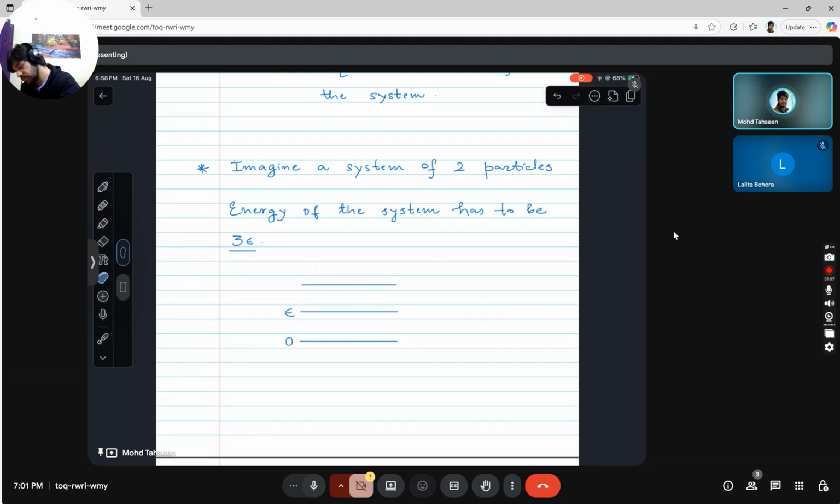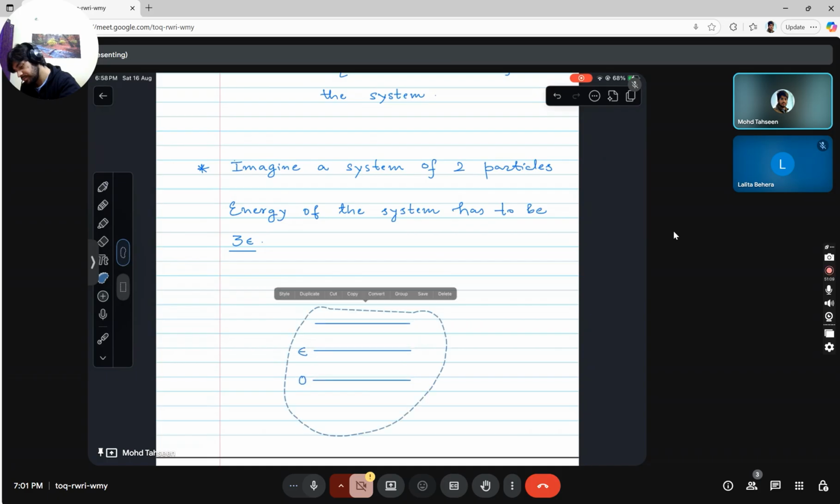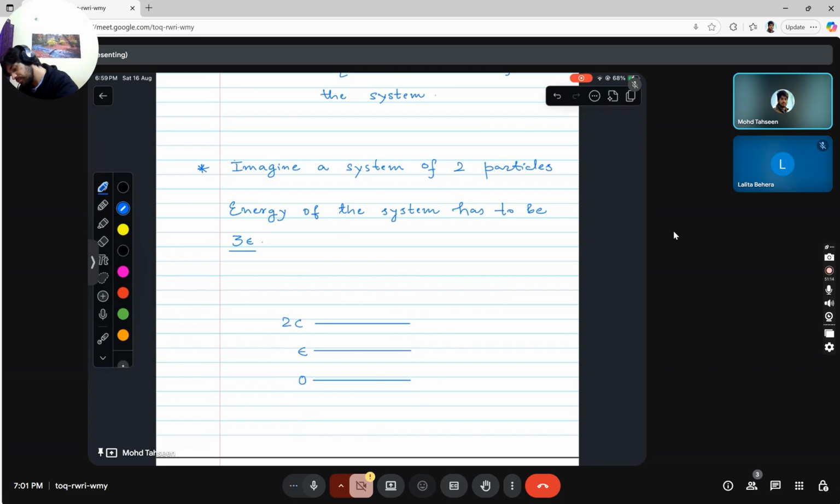This one is 2 epsilon, and this one is 3 epsilon. So these are my energy levels, and I have two particles in my system. I have to arrange them in such a way that the total energy of the system should be 3 epsilon.